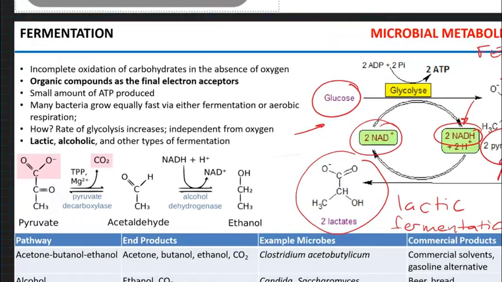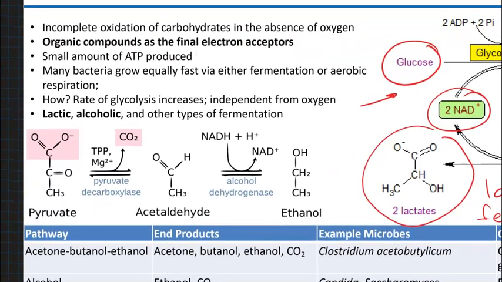Now, since you are equipped with that knowledge, let's take a look at alcoholic fermentation. You have pyruvate. The first step is it's losing carbon dioxide, forming acetaldehyde. NADH loses its electrons, reducing acetaldehyde to ethanol.